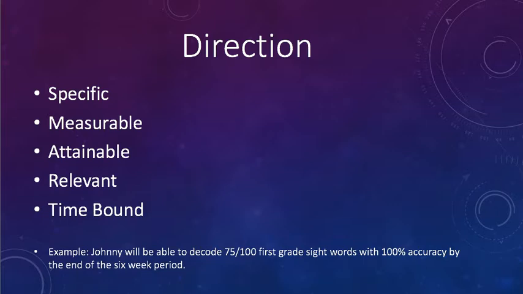The fourth D is direction. When we talk about direction, this means that upon leaving that RTI meeting, each staff member, the parent, as well as the RTI team should have a clear direction for the next steps for that student.